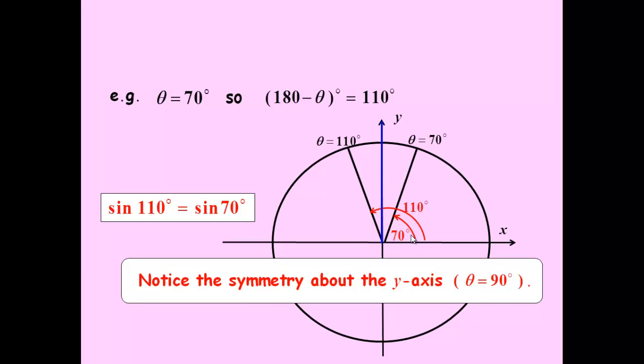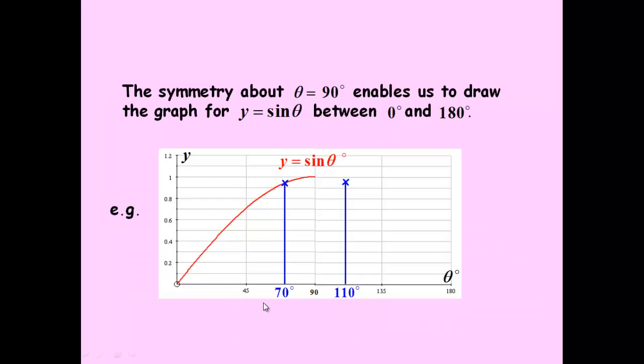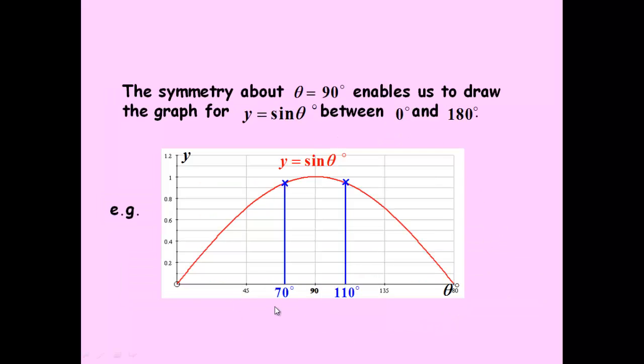Notice this symmetry. These trig graphs are all about symmetry, and if you can understand that symmetry of the graphs, you're a long way towards understanding the trigonometry you need for A-level maths. So we can use that symmetry now to draw the sine graph between 90 and 180.